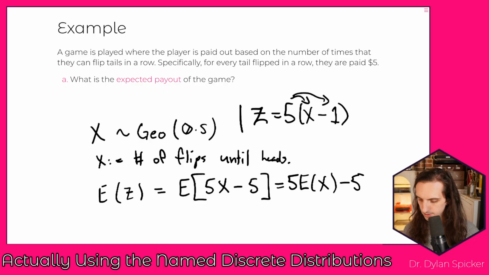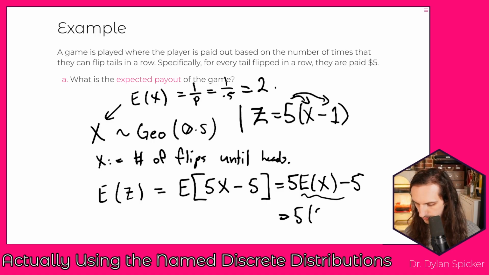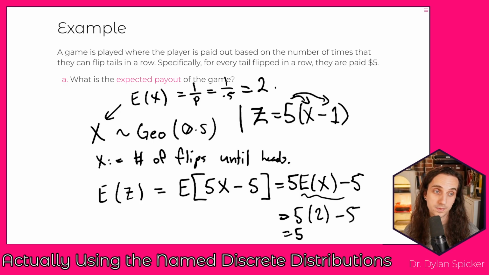Okay, and so now we need to know, well, what's the expected value of x? But we know that x here is going to be a geometric random variable. And so the expected value of x is always 1 divided by p, which is 1 over 0.5, which in our case here is going to be 2. Okay, and so then this is going to be 5 times 2 minus 5, which is simply 5. Okay, so the expected payout is going to be 5 here.